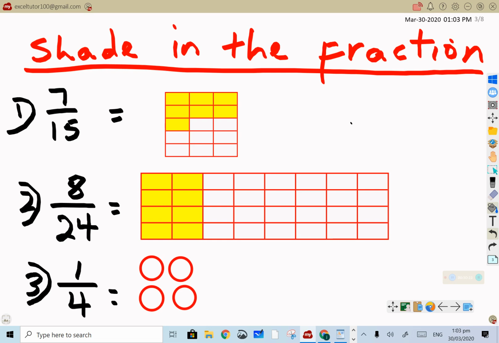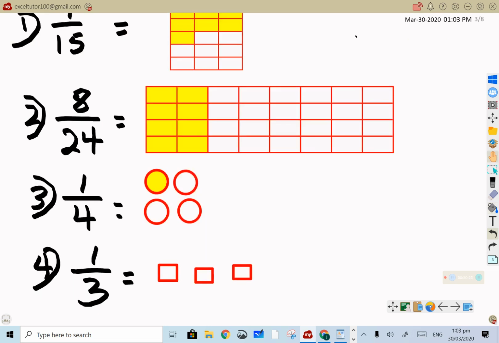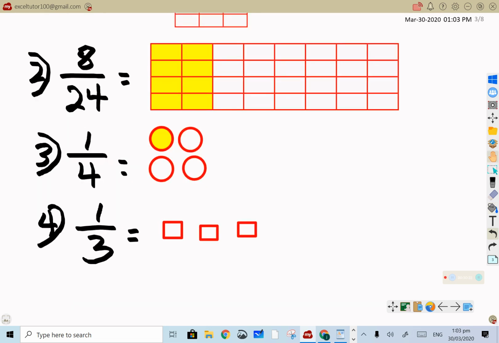So you actually have to just color it in 1/4. So we color one part. And the last one here we have 1/3. Some of these are pretty basic, very easy for you to do.